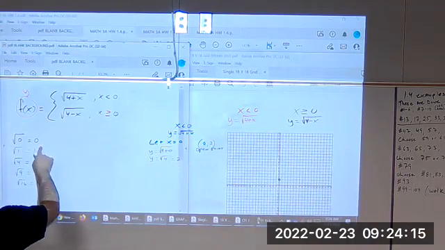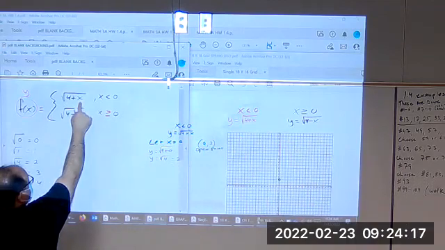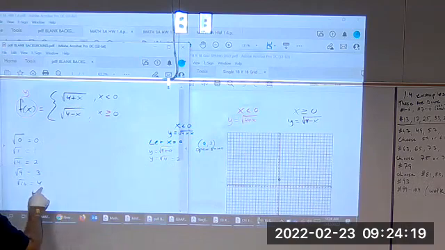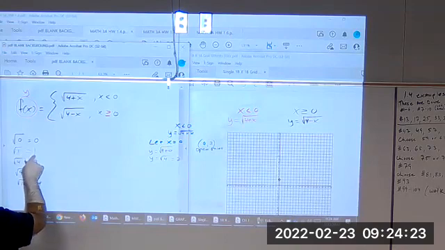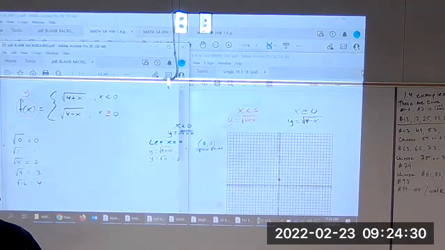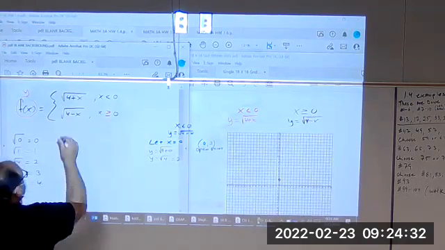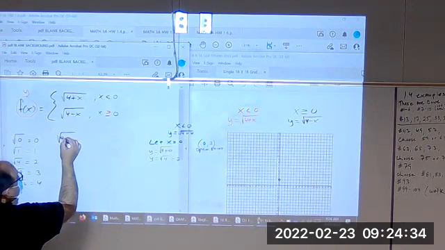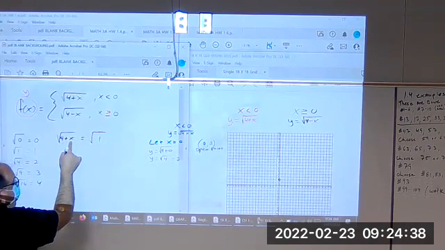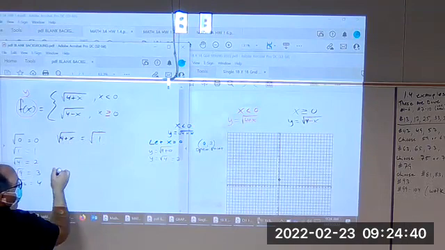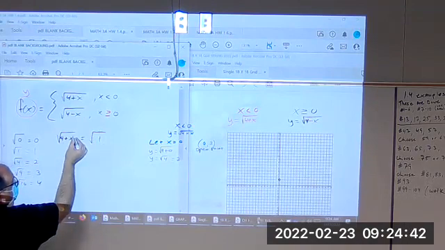When I plug in 0, I got a nice square root of 4. The next nice number would be to get a square root of 1. What would give me a 1 inside that 4 plus x? What would x have to be to make a 1 inside here? -3.